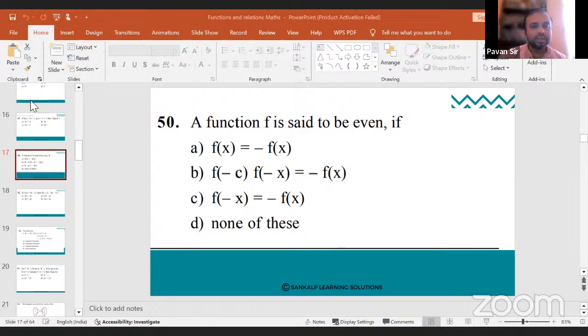Because f of minus x is f of x, a relation established with respect to evenness. So make it correct, because many of you have given the answer in a different way, so please make it correct. The next question.